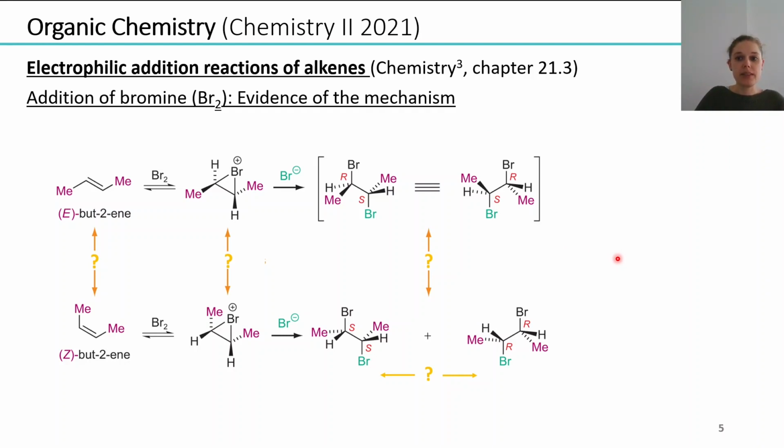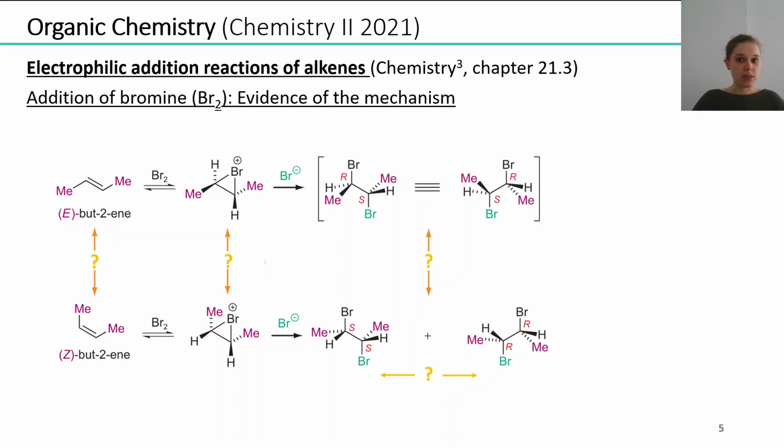In contrast, the addition of bromine to the Z isomer will form a racemate, and both the meso compound as well as the racemate are diastereomers. The E and Z isomers of but-2-ene react to form different diastereomers of 2,3-dibromobutane, so we can say that the addition of bromine is stereospecific.